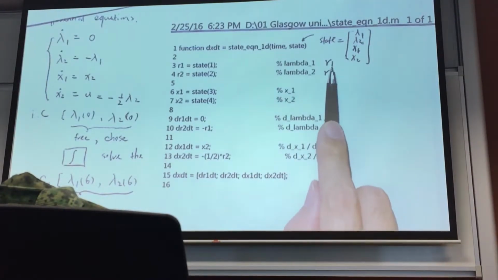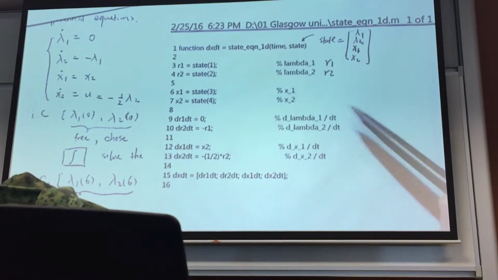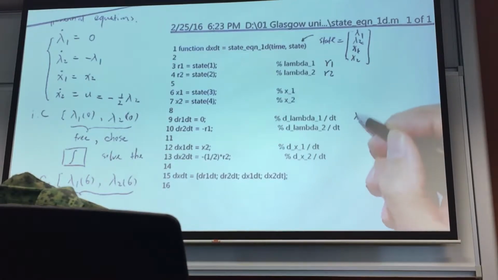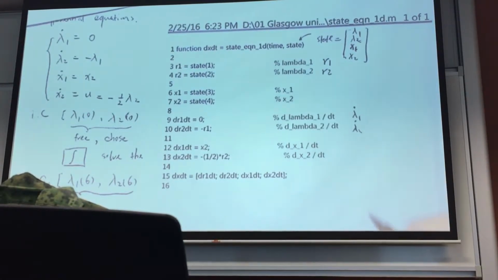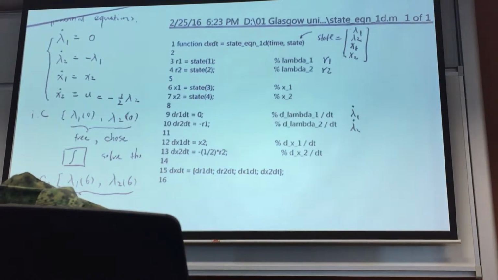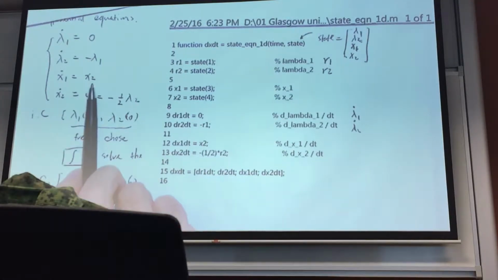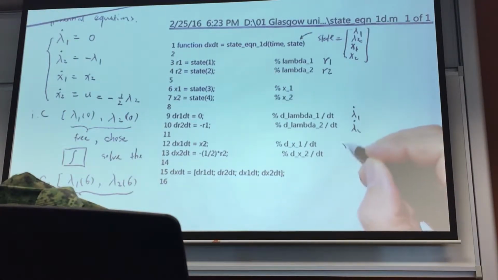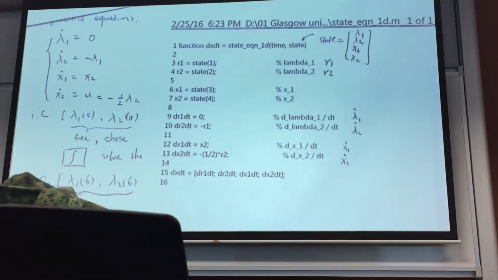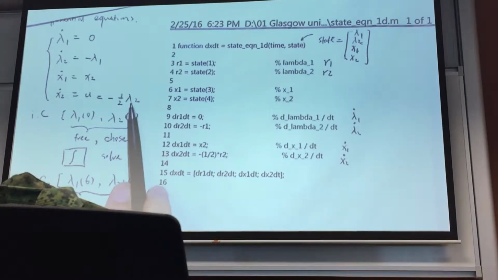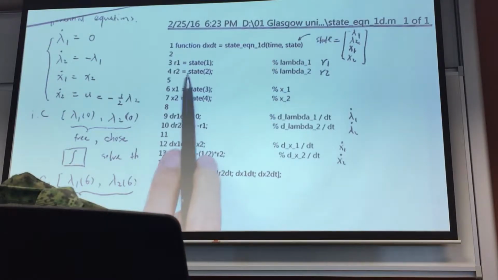Then dx1 dt equals x2, so it's x1 dot. And the final one, x2 dot, equals minus a half lambda 2.